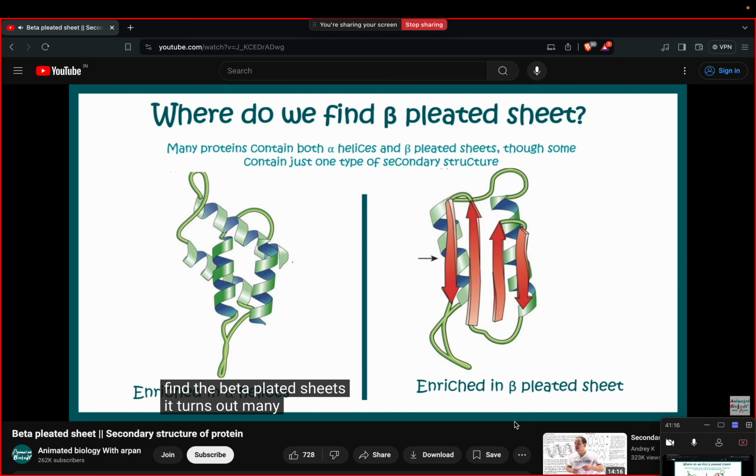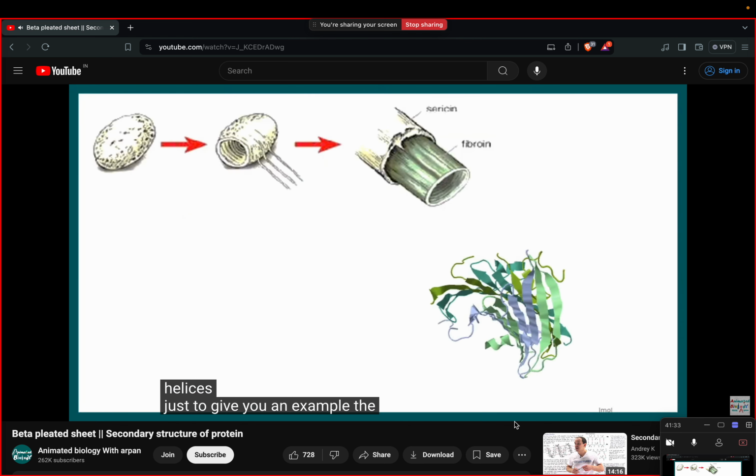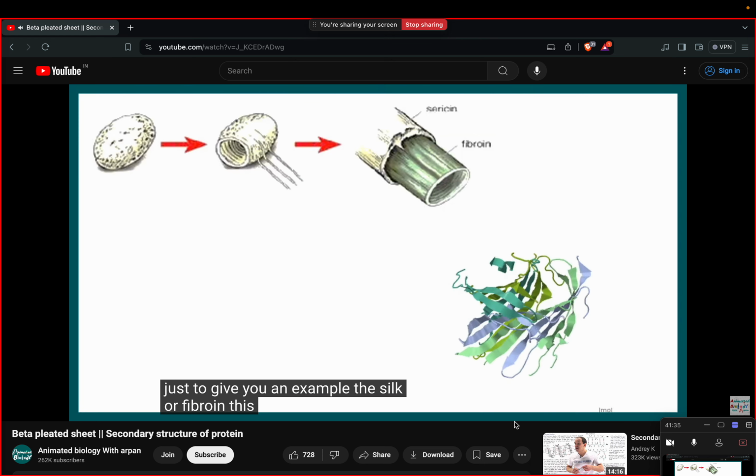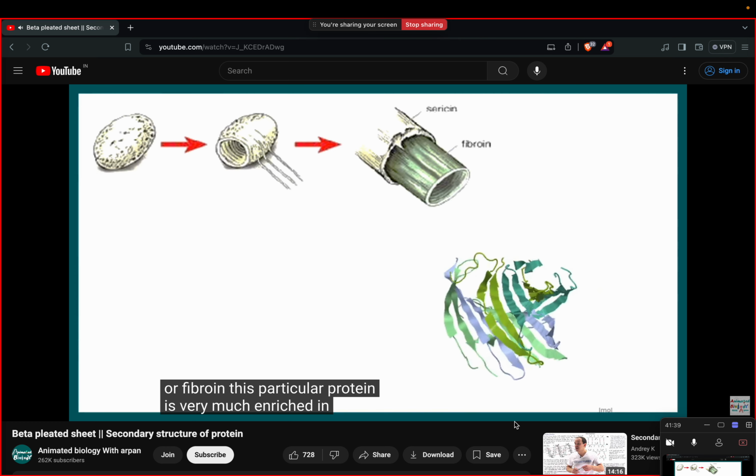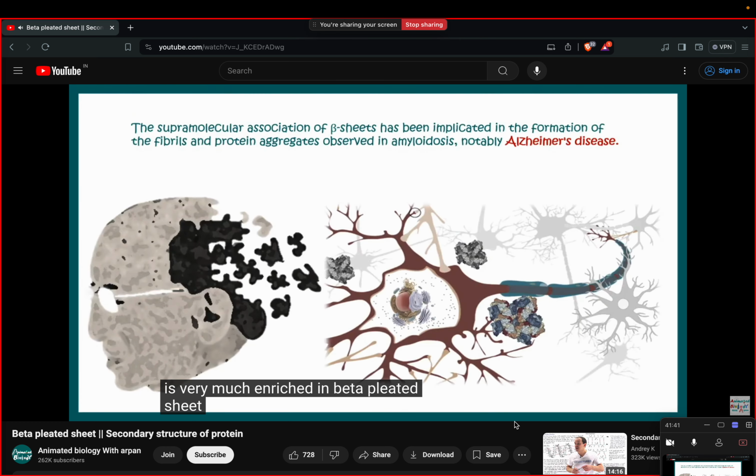It turns out many proteins contain both alpha helices and beta pleated sheets as their secondary structures, but the proportion is different. Some proteins might be enriched in beta pleated sheet while some others are enriched in alpha helices. Just to give you an example, silk fibroin, this particular protein, is very much enriched in beta pleated sheet.